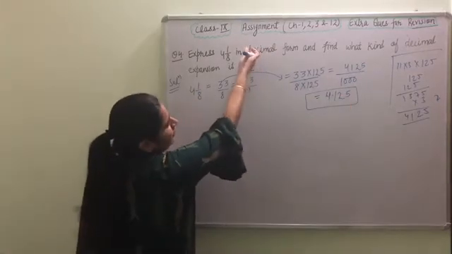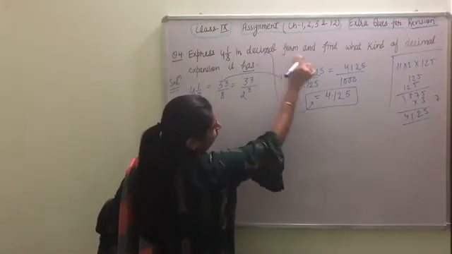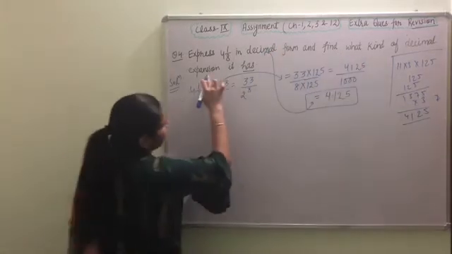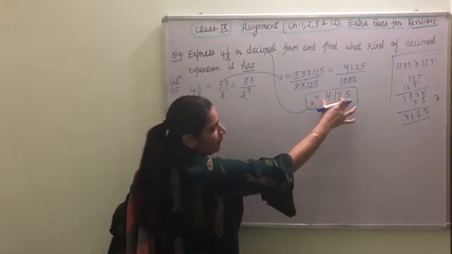This is the decimal form, which they were asking for. And what kind of decimal expansion does it have? This is a terminating decimal expansion.